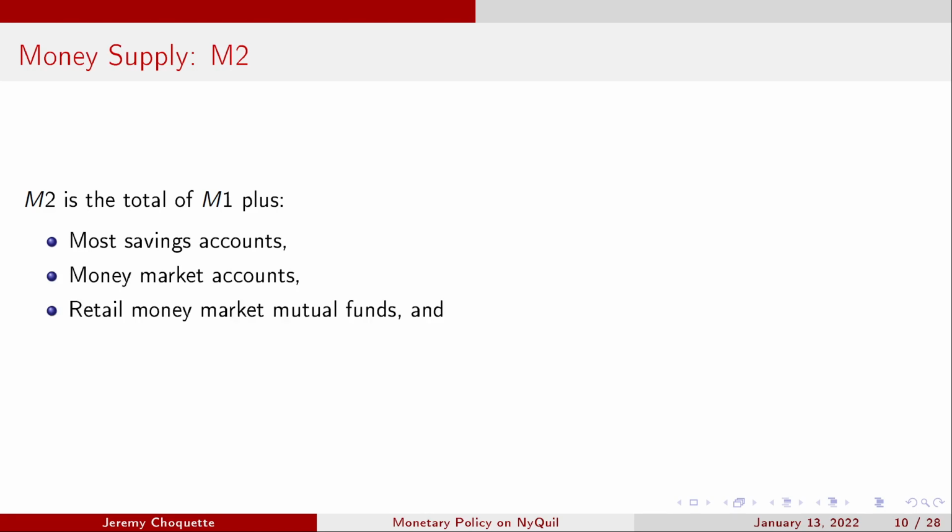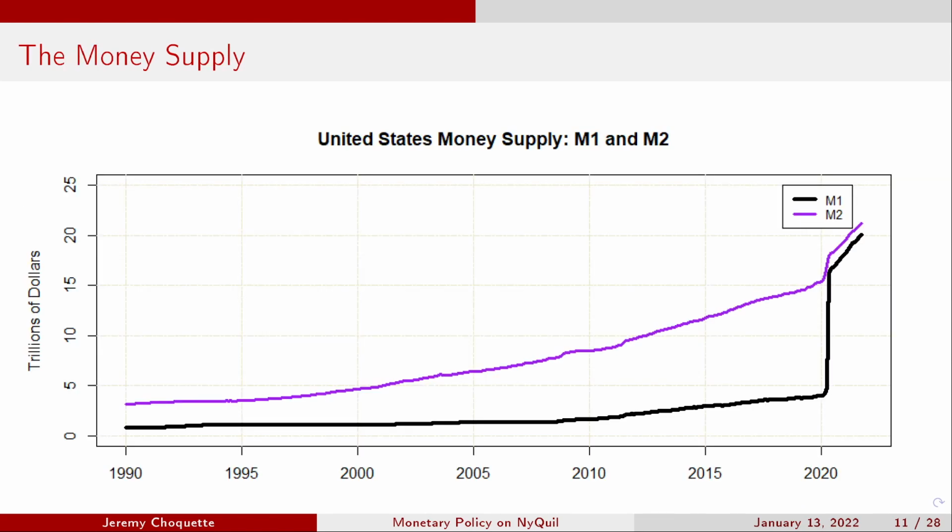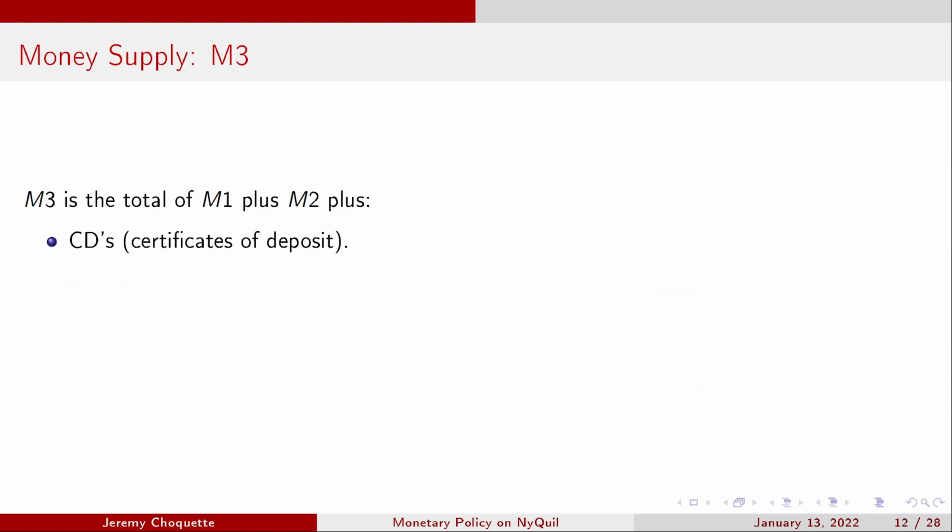We've got money market accounts, retail money market mutual funds, and small denomination time deposits. So it's everything included in M1 plus some other stuff. If we were to plot out M1 and M2, you can see that M2 is quite a bit larger than M1 because it's a much broader measure of the money supply.